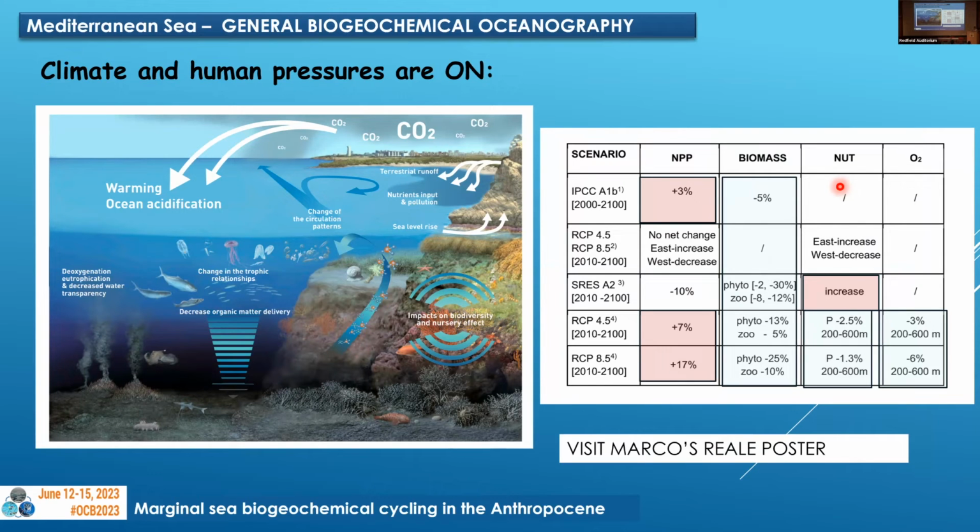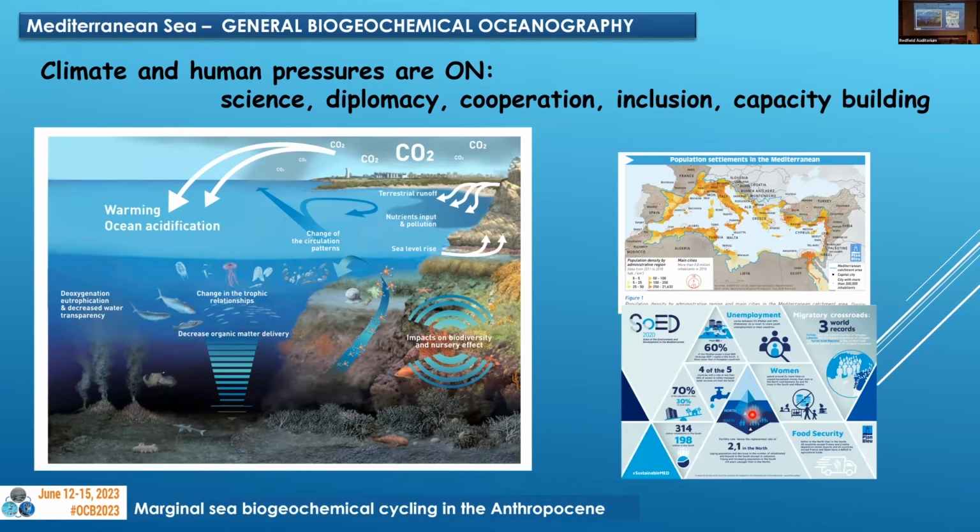So I encourage you to visit Marco Reale's poster, which is about future projections for the biogeochemistry in the Mediterranean Sea. So I would like to just conclude by saying that the Mediterranean Sea is a hot spot for many things.